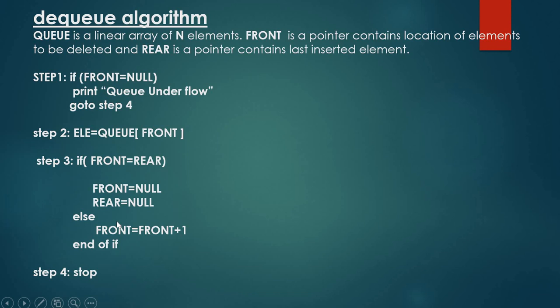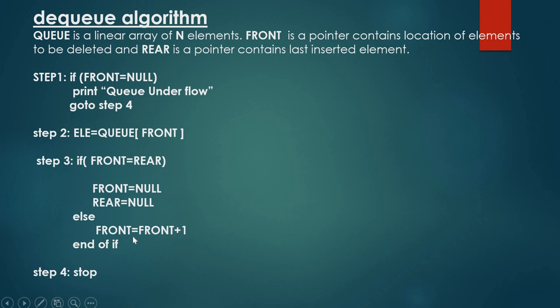If there is one and only one element in the queue and you delete it, the queue will be empty. Empty queue means front equal to null, rear is equal to null. In all other cases, front is equal to front plus 1.